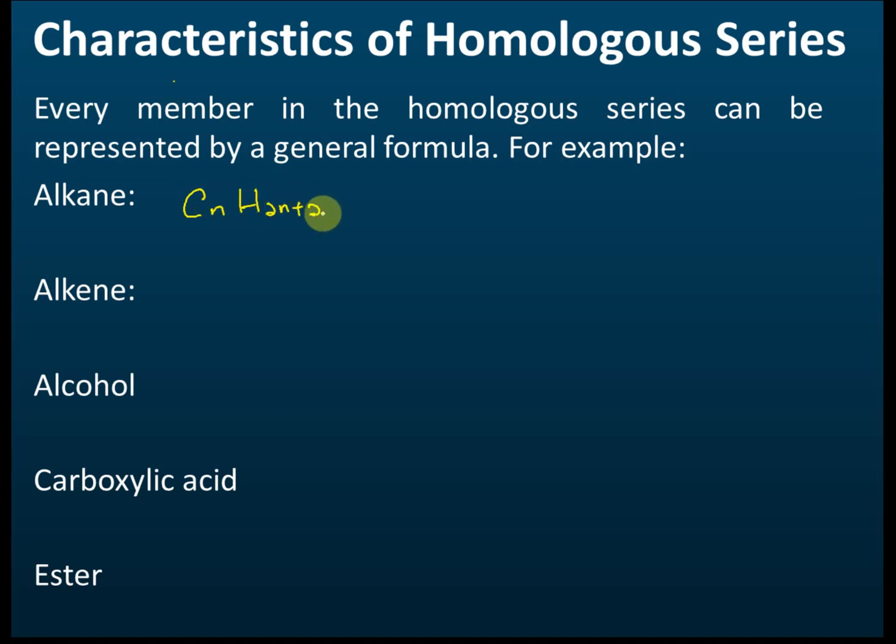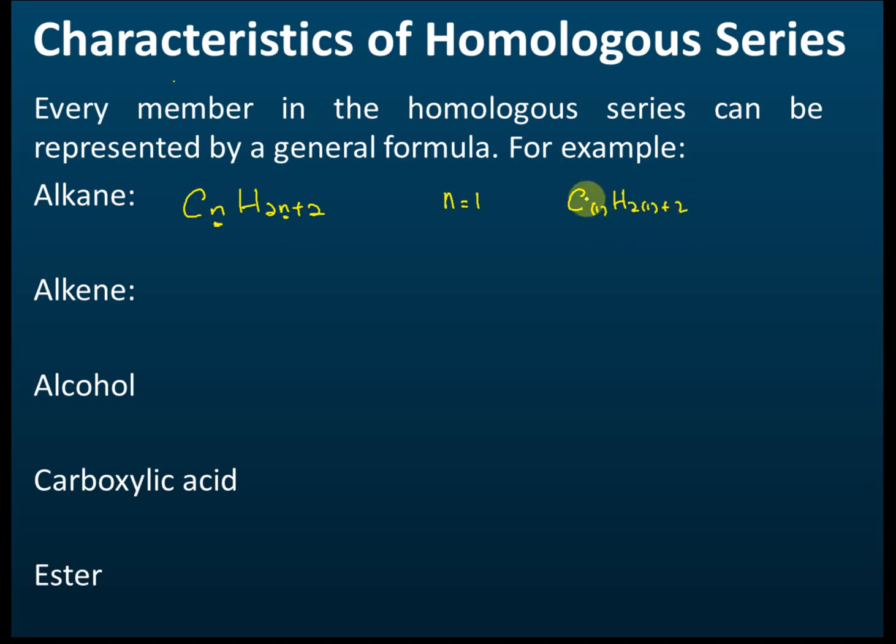CnH2n+2. Okay. Now, what does this mean? It means that the first member of this homologous series, alkane, is where n equals 1. C1, H2n plus 2, so n equals 1 and then plus 2.